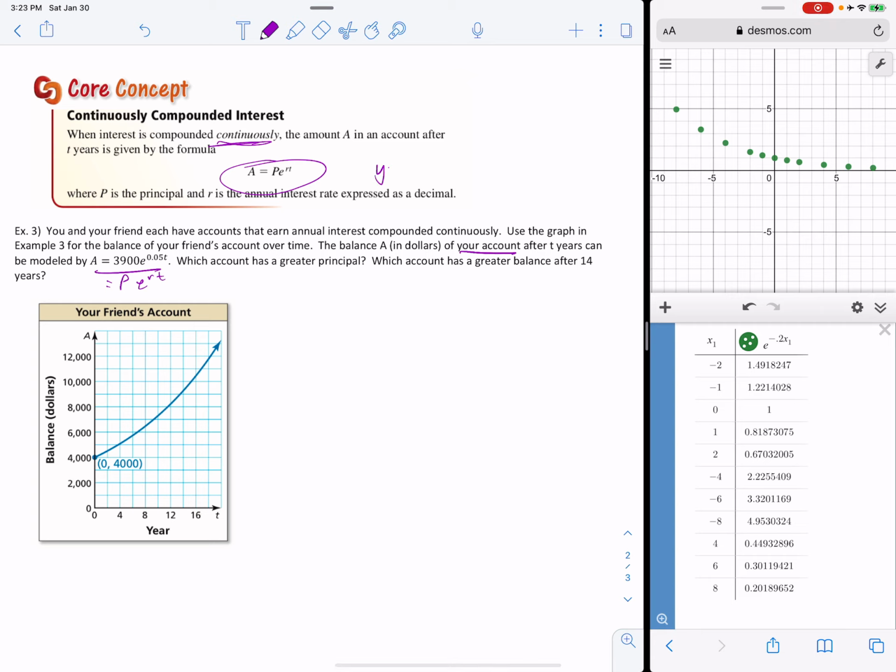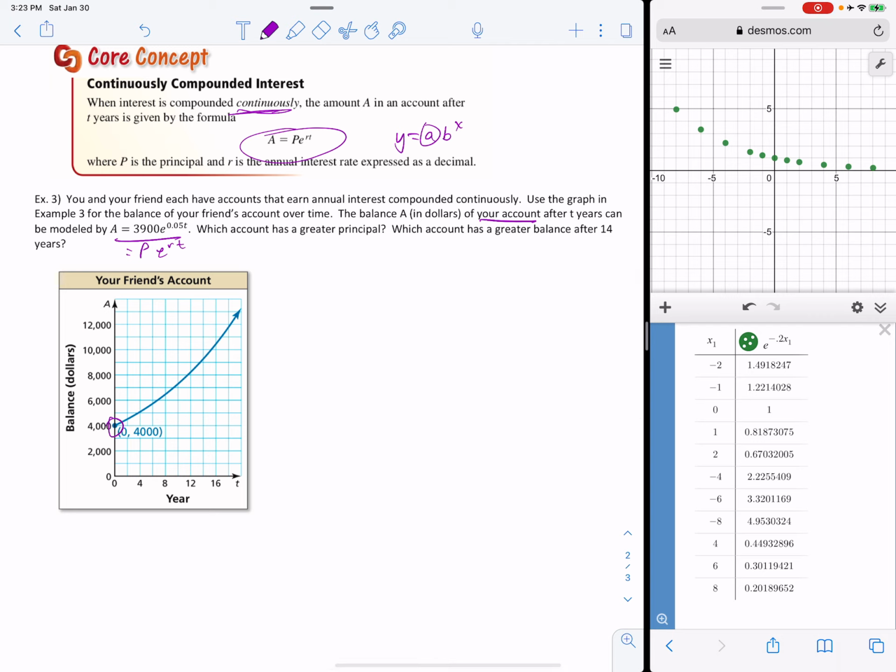Well, this is very much related to y is equal to a b to the x, where that coefficient in front of the base is your y-intercept. And so if I look at my y-intercept being 4,000, your friend's equation is going to be A is equal to 4,000 e to the, we don't know what the rate is. They didn't give that to us. But I know that the starting amount for the friend is 4,000. That is their principal.